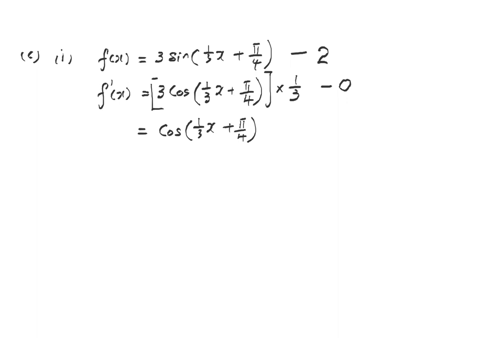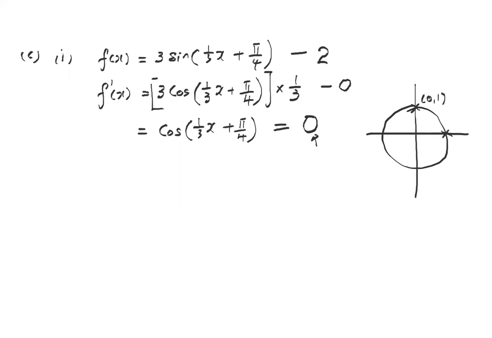Now for stationary point, I equate this equal to 0. Whenever I see 0 or 1 or -1, I straight away refer to this. And I remind myself that x coordinate represents cos, y coordinate represents sin.